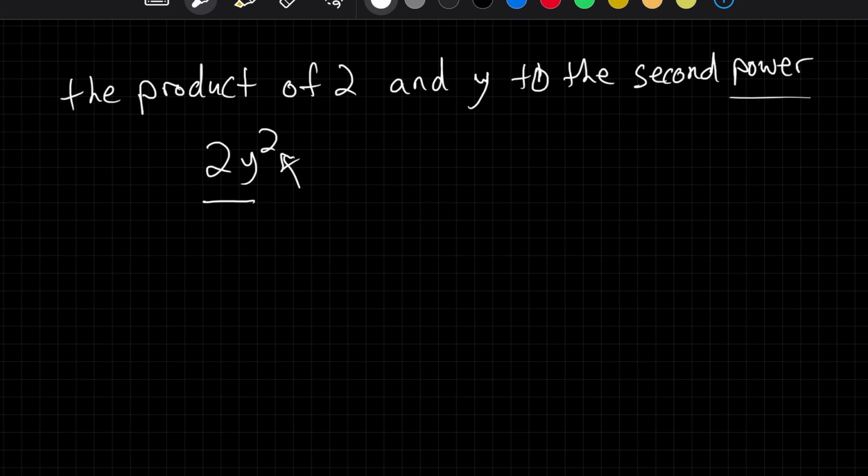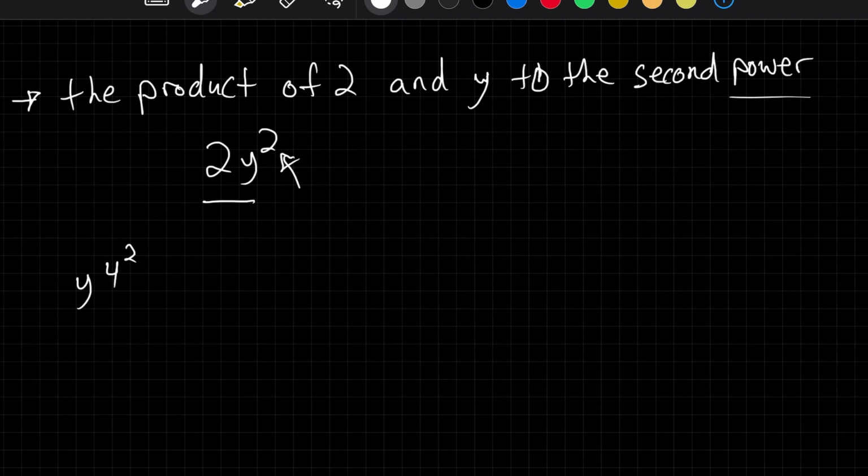Alright, so now let me give you something, and I want you to tell me how to write it in text. So let's say we have y times 4 to the 2nd power. Similar to what we had up here, we need to write this in text.